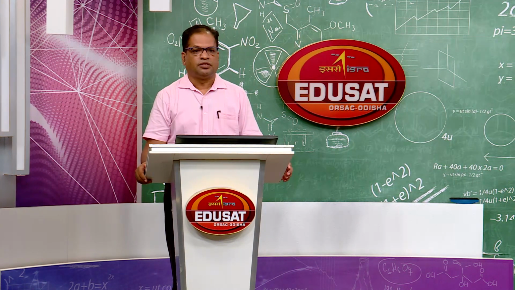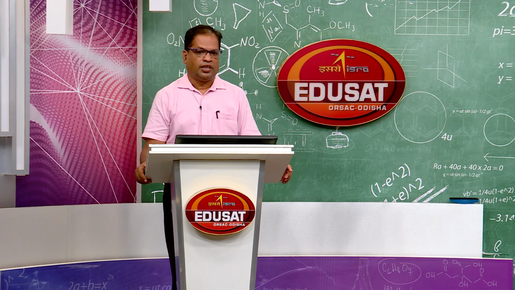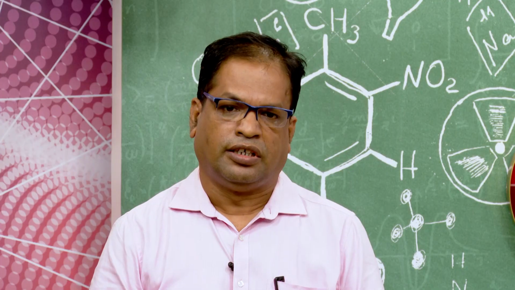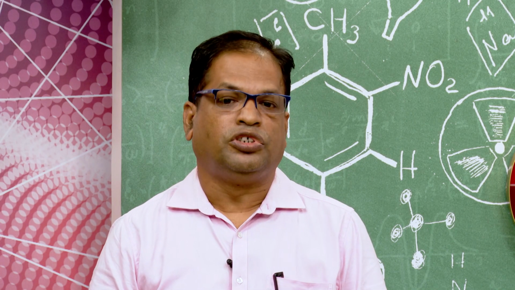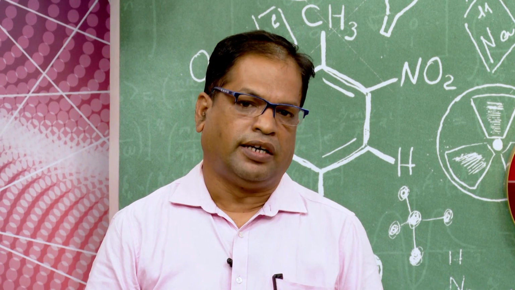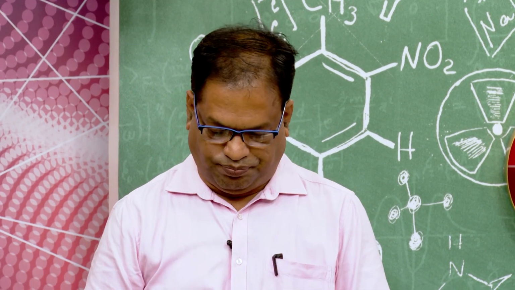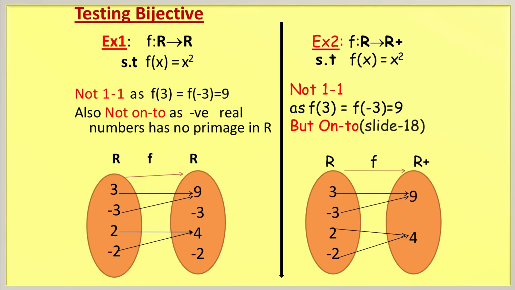If one set is finite and the other set is infinite, then they will never be equal, and for two infinite sets we have to find a bijective mapping. So, we have discussed a function can be of different types: it may be one-one, it may be many-one, it may be onto, it may be into, and two sets are equivalent when there is a bijective mapping between them.